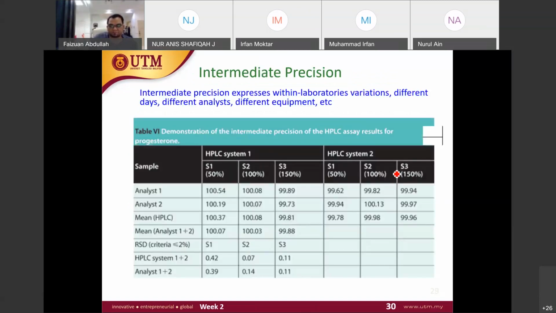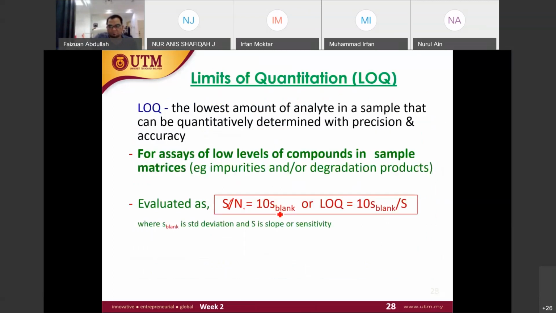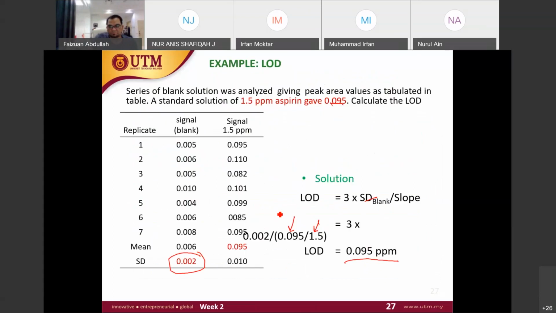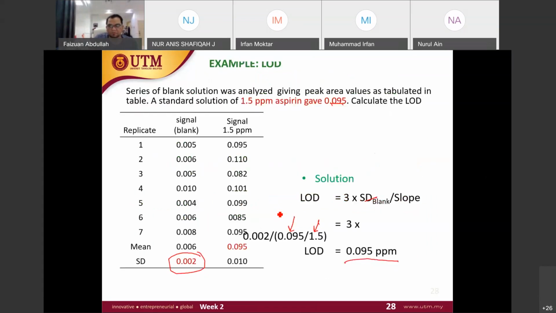For this similar example, can you calculate what is the LOQ?